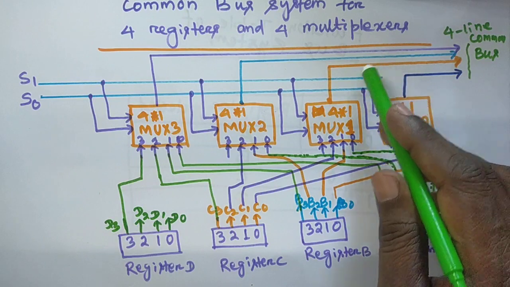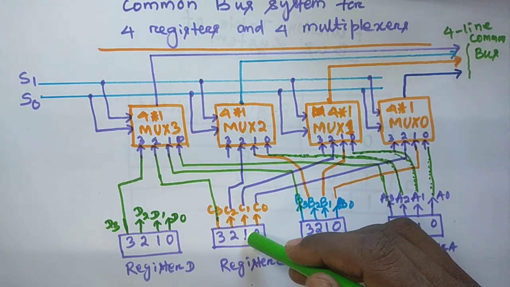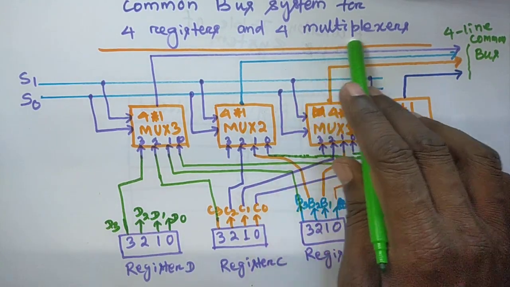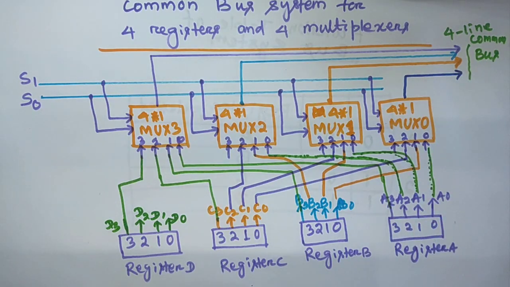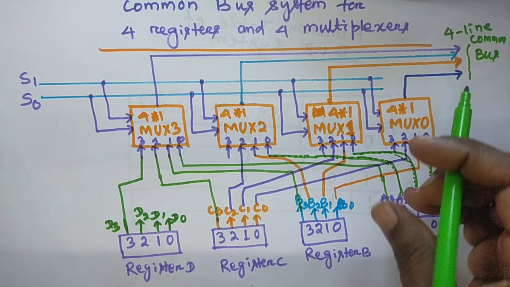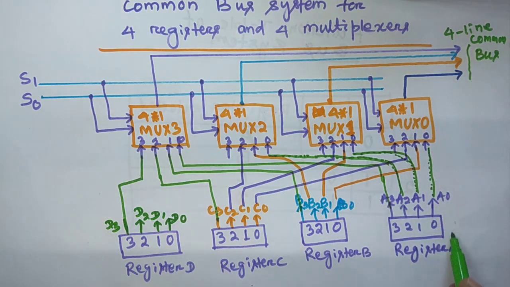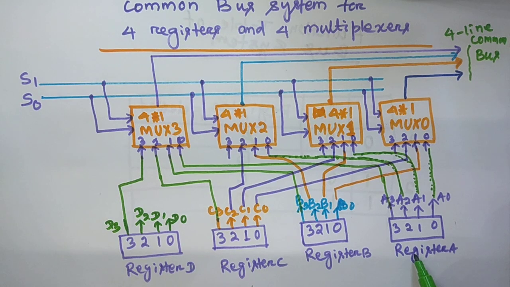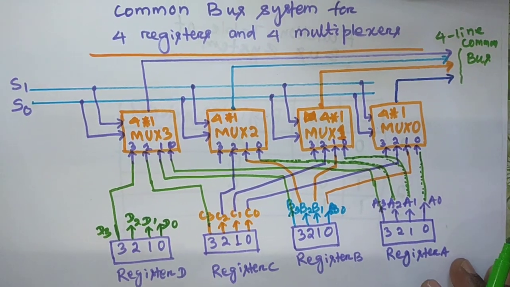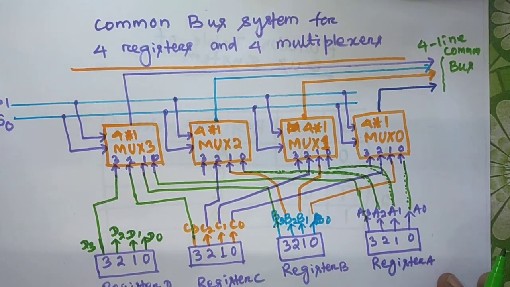The multiplexers collect the data from register C and transfer it to this 4-line common bus. Again that 4-line common bus is considered as input to the register. How? We will see how it is considered as input, in a very simple way.